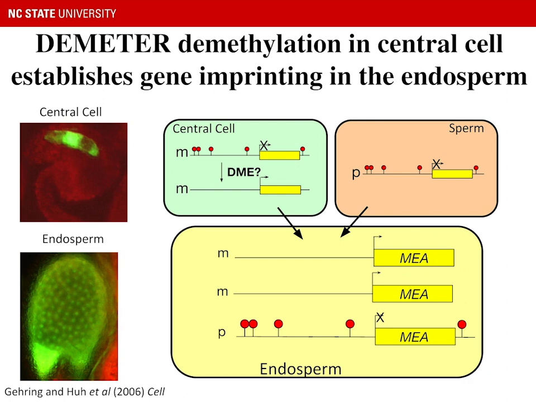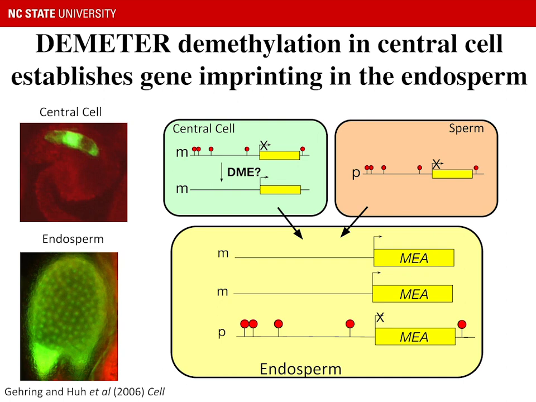So when the two genomes come together, the maternal allele remains hypomethylated compared to the paternal genome, and it's expressed, and the paternal genome is not expressed. So that seems to be the paradigm of plant gene imprinting, particularly for those maternally expressed genes. At that time there were a handful of examples of imprinted genes that seemed to be regulated this way.